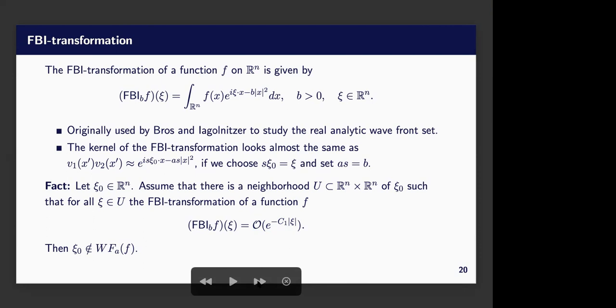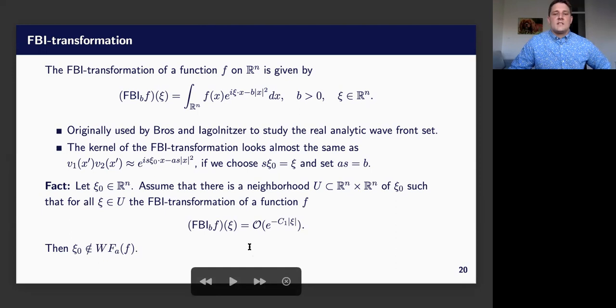Just a question here. Psi naught is only in Rn, so how can there be a neighborhood of it in Rn cross Rn? I tried to explain this.